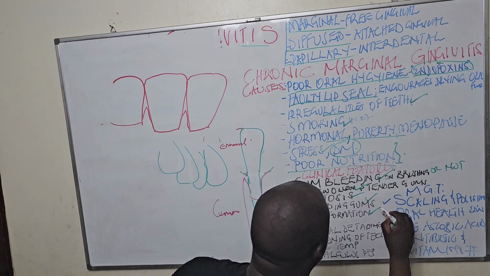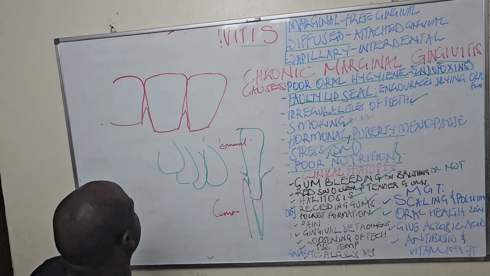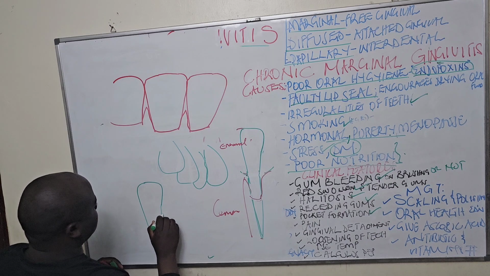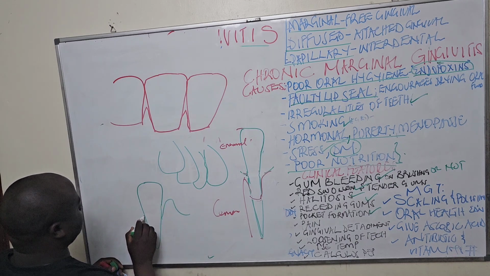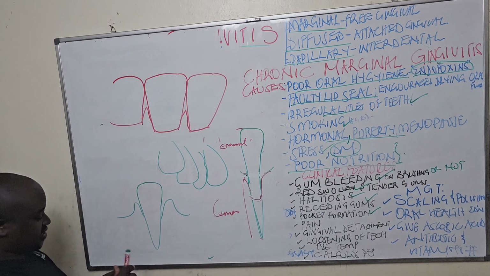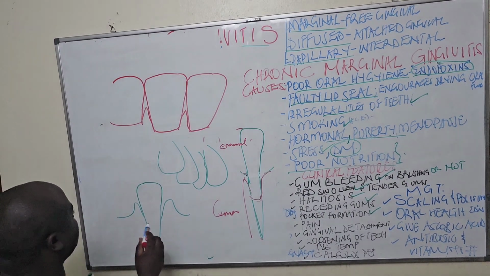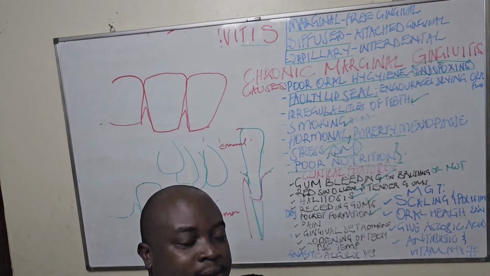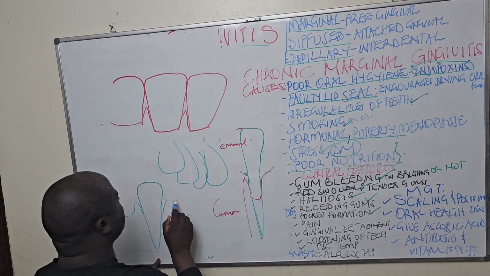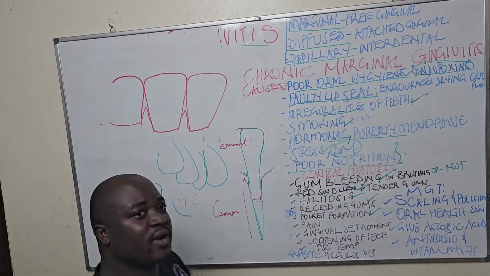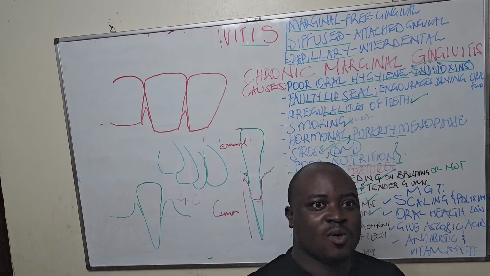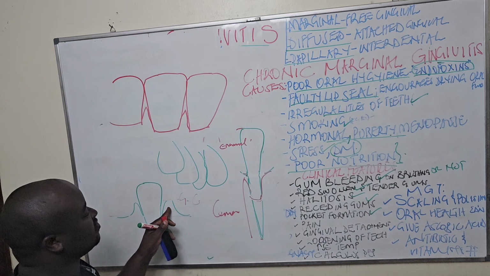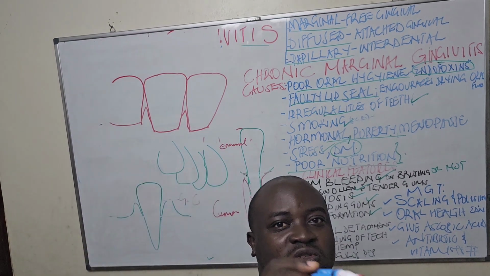We have what we call pocket formation. Yes, pocket formation. What is a pocket? We talked about this, that between the tooth and the gum, we have what we call a gingival crevice. We said a crevice is normal, this area between the tooth and the free gingiva, and it's always between 2 to 3 millimeters.